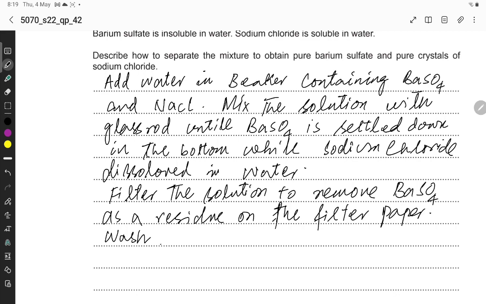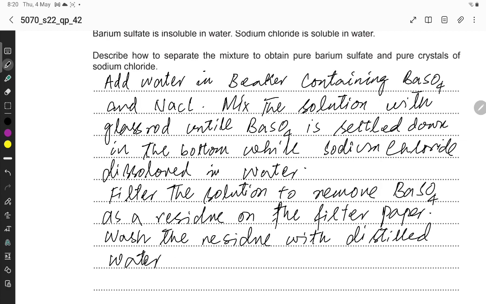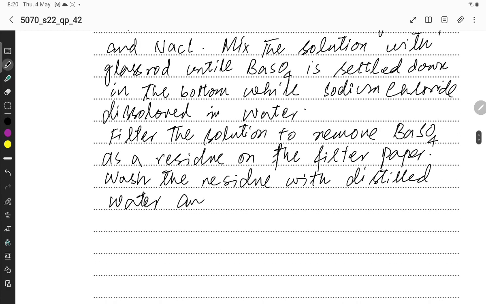Wash the residue with distilled water and dry the residue in folds of filter paper.